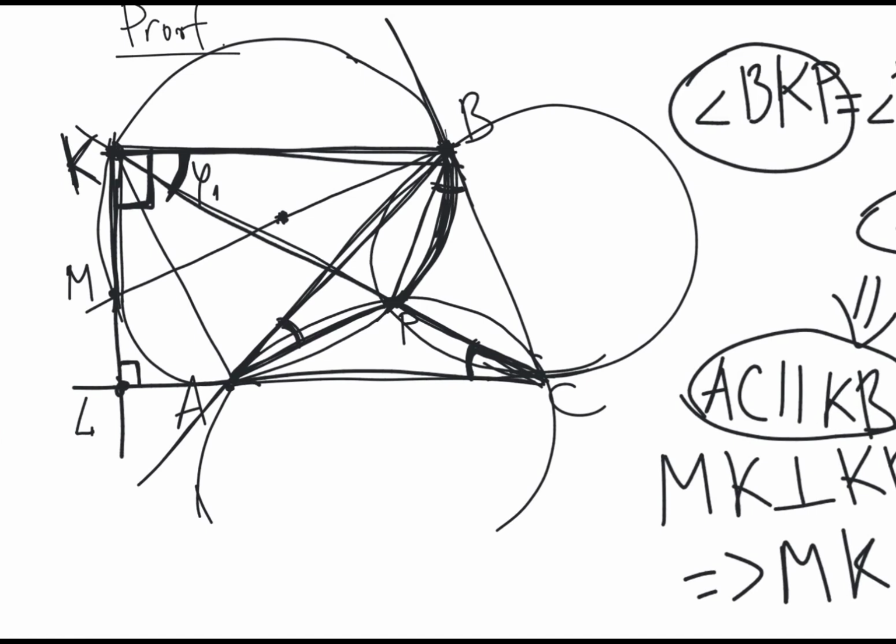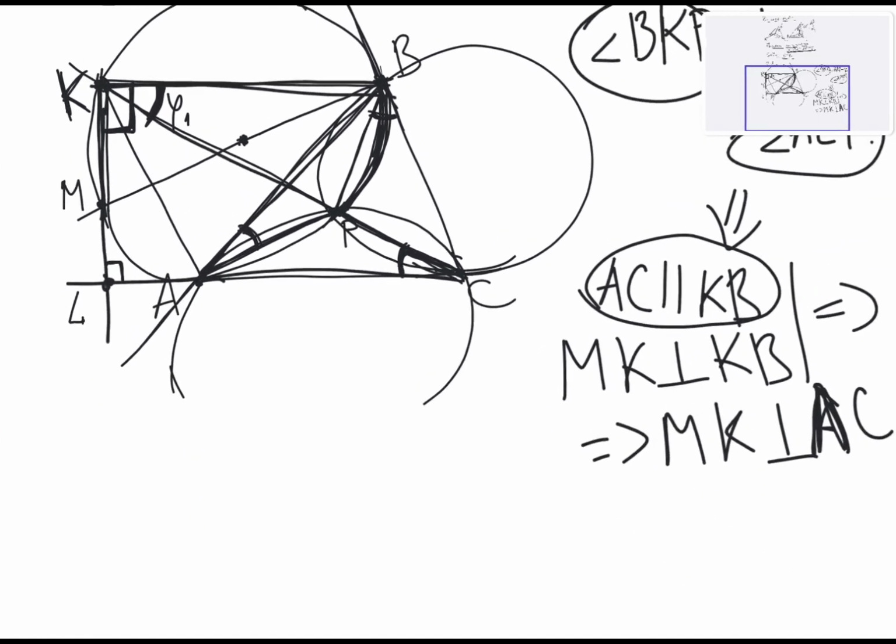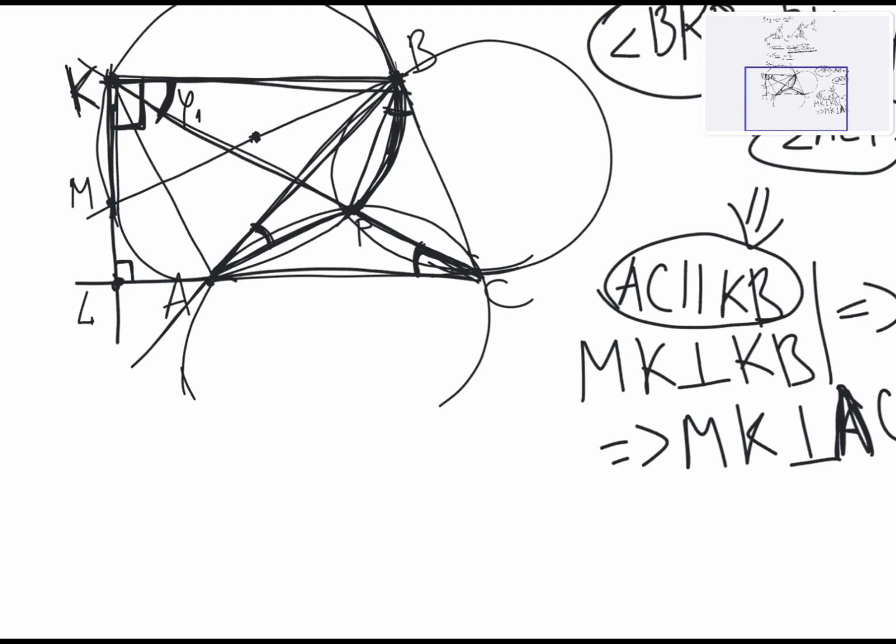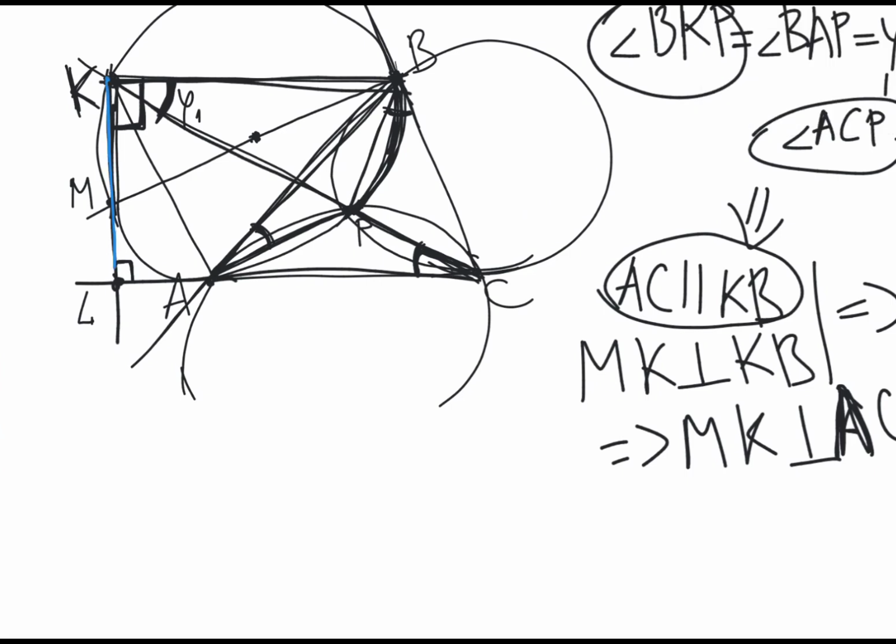Now we consider this large triangle. Let me highlight it with blue. This large triangle is a right triangle, and one of the angles is phi1. So the cotangent of phi1 is equal to the ratio of the sides of this right triangle.